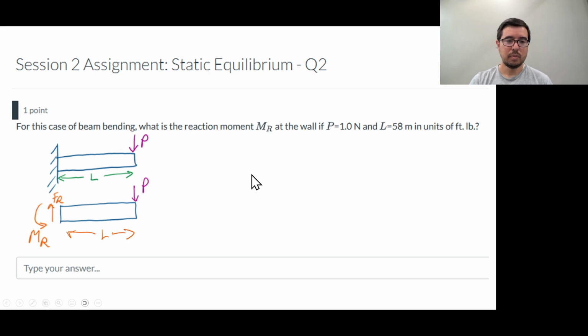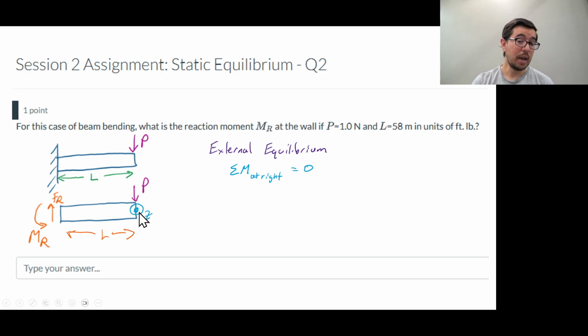Nonetheless, what we want to do here is create an algebraic equation that describes the balance between the Mr and the P and takes into account the length as well. So when we write that the summation of the moments is going to be equal to 0 for this balance of these parameters, we do need to select a location at which we are performing our equilibrium of moments.